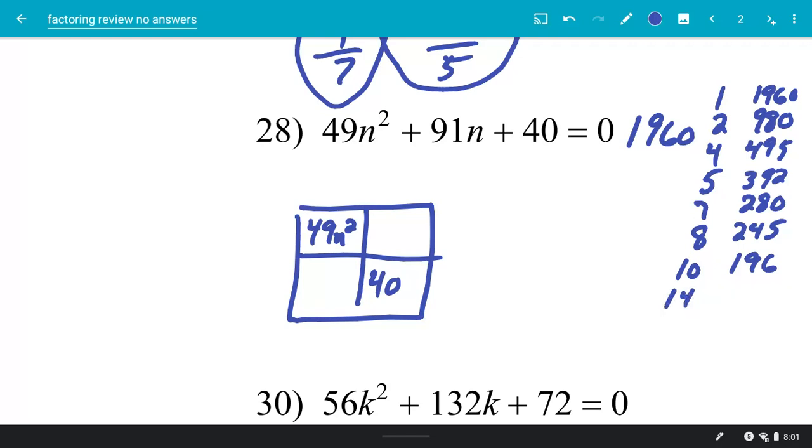14 and 140. I'm getting closer. I am using a calculator. I'm not going to lie. It's a big number. And I'm just taking 1960 and dividing it by each number going up. There we go, 20 and 98. My signs are going to be the same.